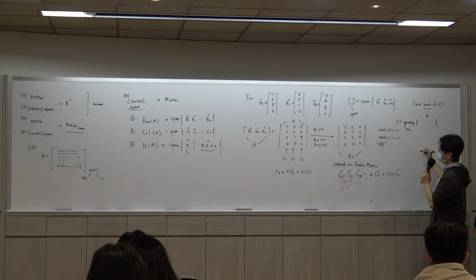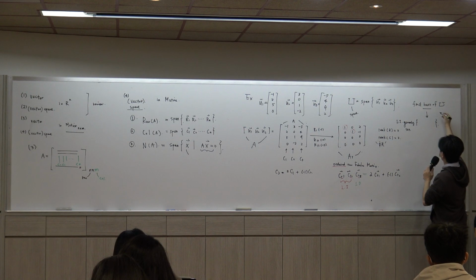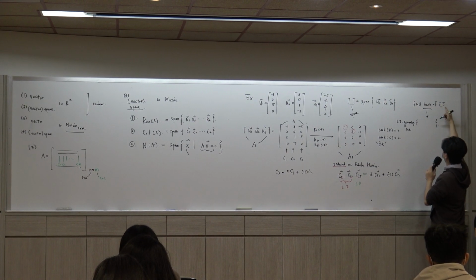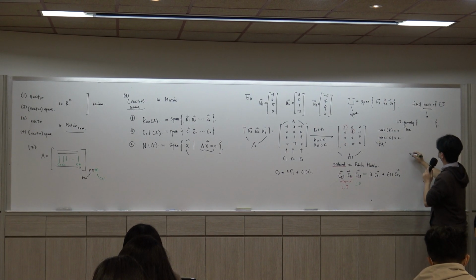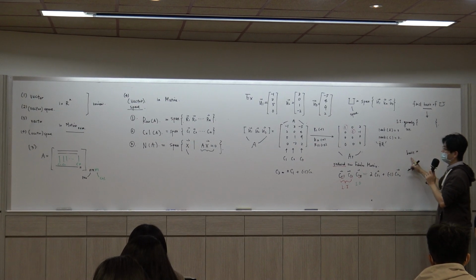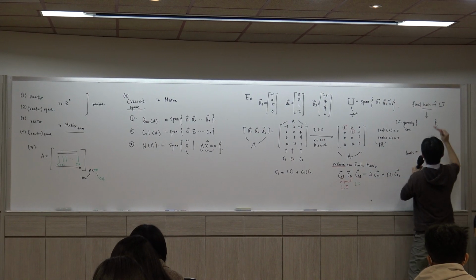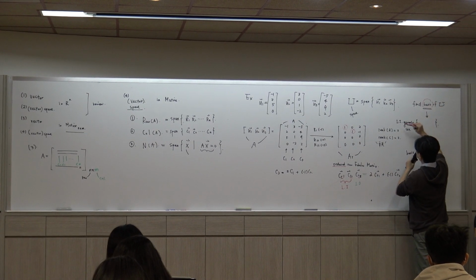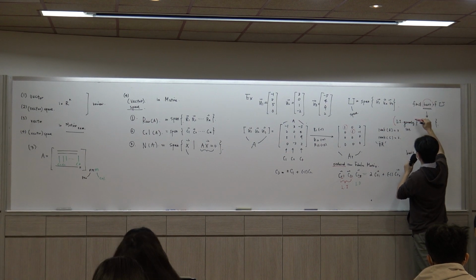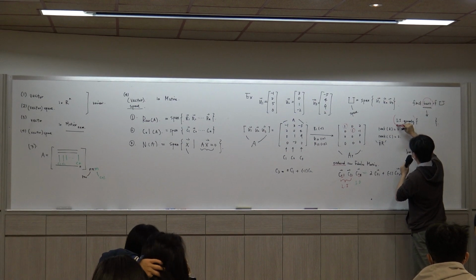So we have R2 space. So here, for the basis of the U, the basis equals a linearly independent generating set.